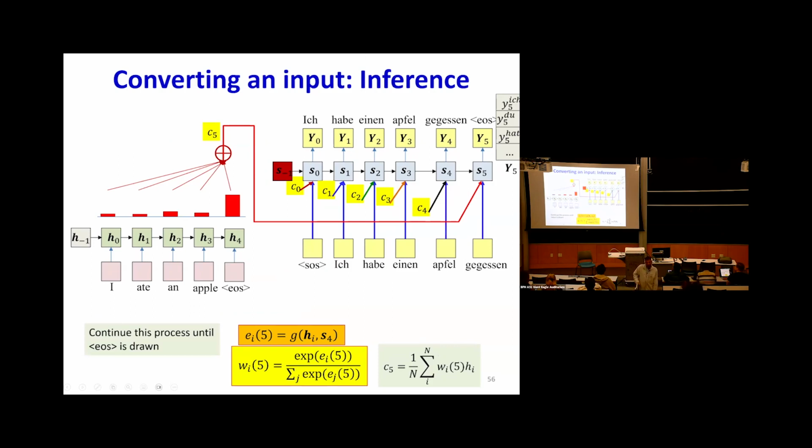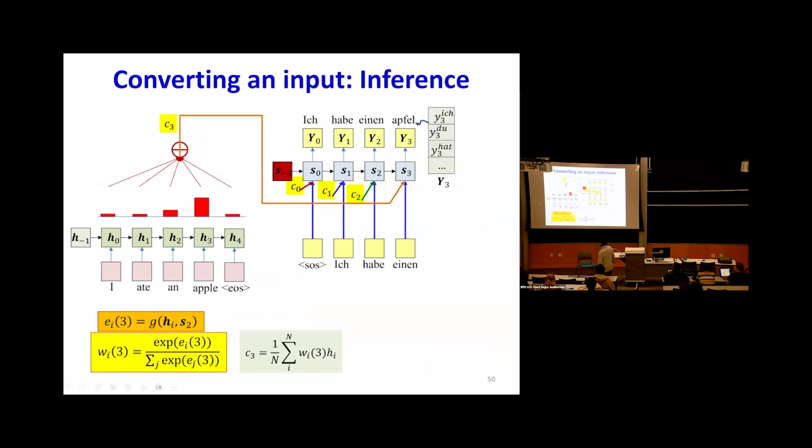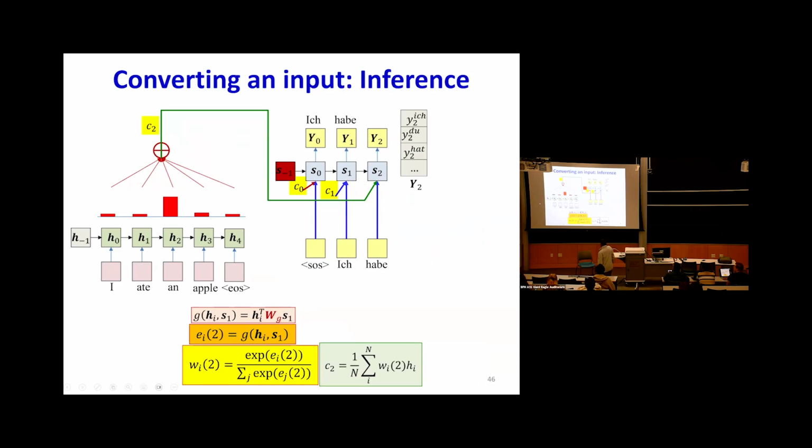Everybody clear with this? I have a question. What is G, the function G? So the function G, I only mentioned that in the very first slide. In this case, G could be anything, but if I were using a matrix inner product, assuming that the hidden state vectors are different lengths in the encoder and the decoder, then you're going to need a matrix to match the two sizes up.